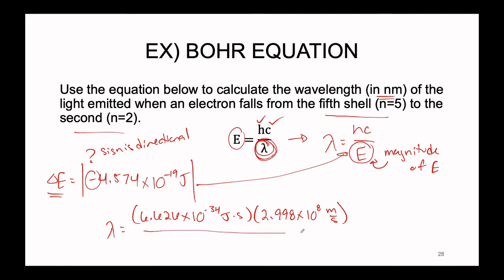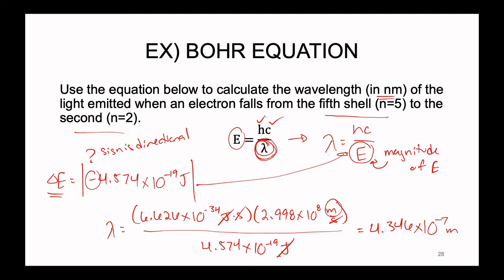We're going to divide all of this by E, 4.574 times 10 to the negative 19 joules. Here we can see that joules are going to cancel, seconds are going to cancel. This is going to give us a value of the wavelength in meters. And the value of our wavelength is going to be 4.346 times 10 to the negative 7 meters.